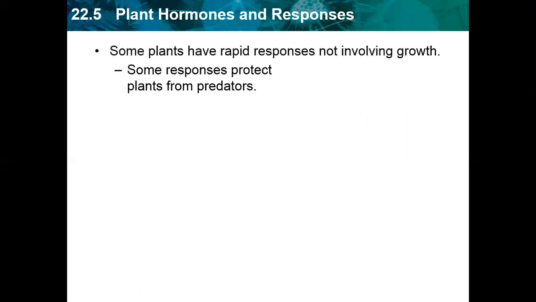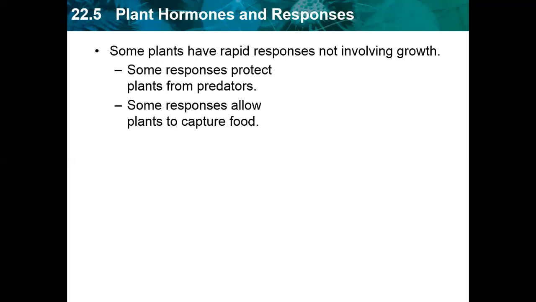Sometimes we have plants that respond to any reaction around them, and if predators come around, they shrink up or protect themselves from these predators. So some plants have very rapid responses that do not involve growth. These rapid responses can be adaptations that help protect plants from predators.